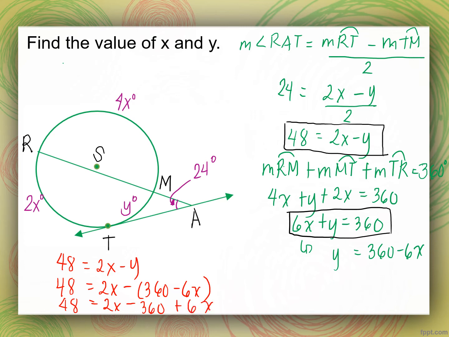Okay, let's combine like terms. We will have 2x plus 6x, and that would be 8x. And then if we transpose 360 to the other side, you will have 48 plus 360, and that is 408, sorry, 408 is equal to 8x.